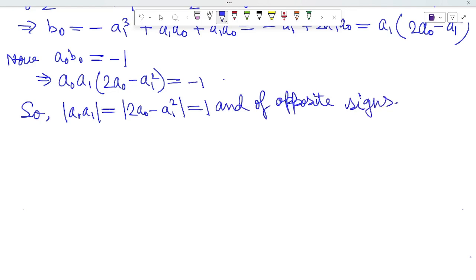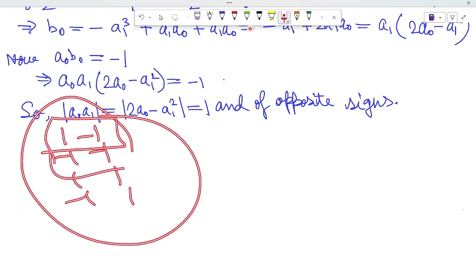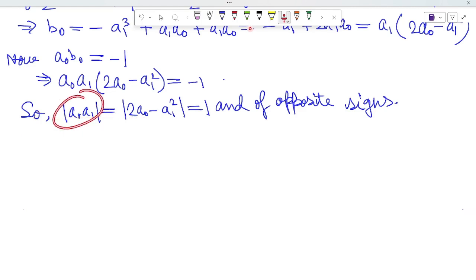Again, this term is a product of two things, and its magnitude is 1. So there are multiple possibilities. What is the correct choice? I need to put in the values and see which set of A0 and A1 satisfies this.